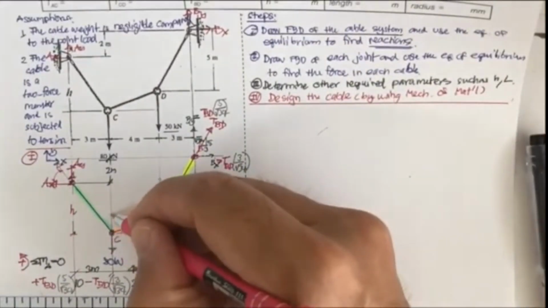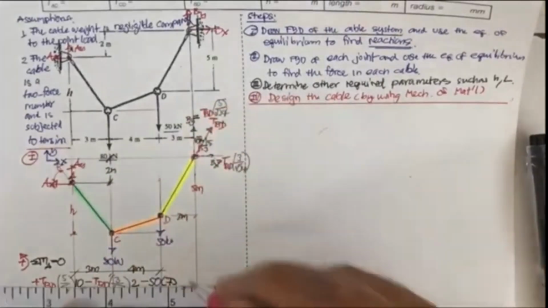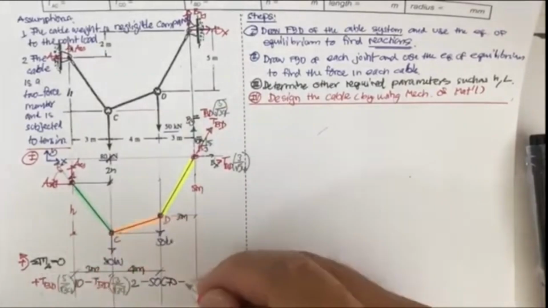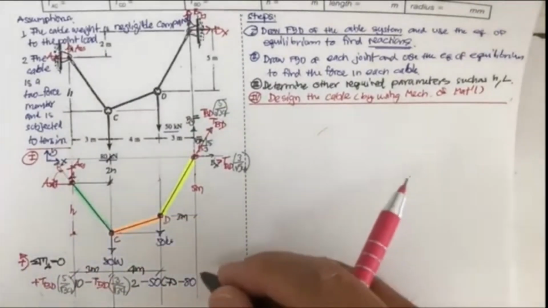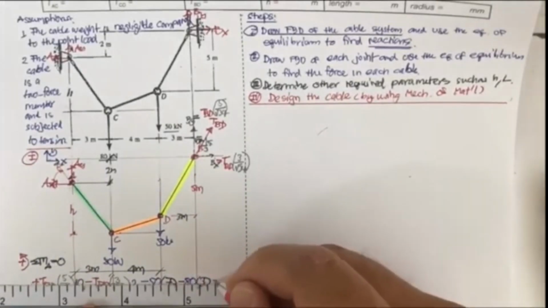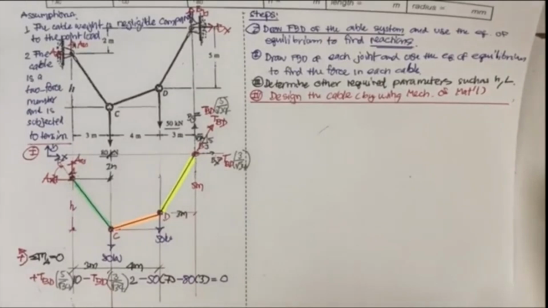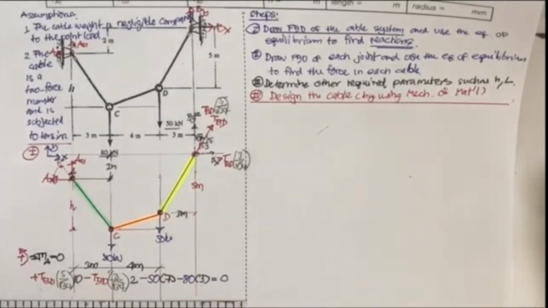And 80 has its line of action here, that is 3 meter away from A. So it's going to be clockwise, minus 80 times 3. Then you get this equal to 0. Now you may stop the clip and put the numbers into your calculator to determine the T sub BD.